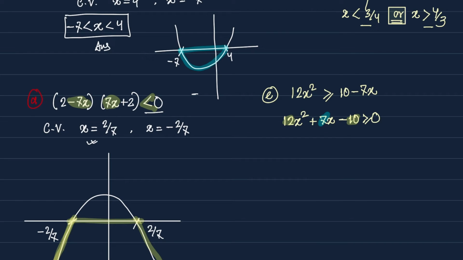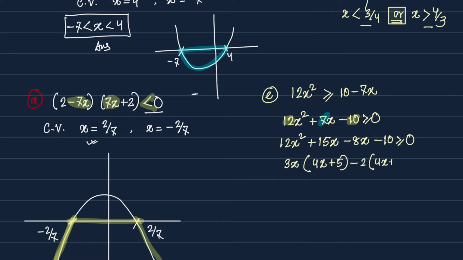We can take 8 and 7. Yeah, 8 and 7 will work. 12x square plus 15x minus 8x minus 10 is greater than or equal to 0. 3x factored out, 4x plus 5, minus 2, 4x plus 5 greater than or equal to 0.